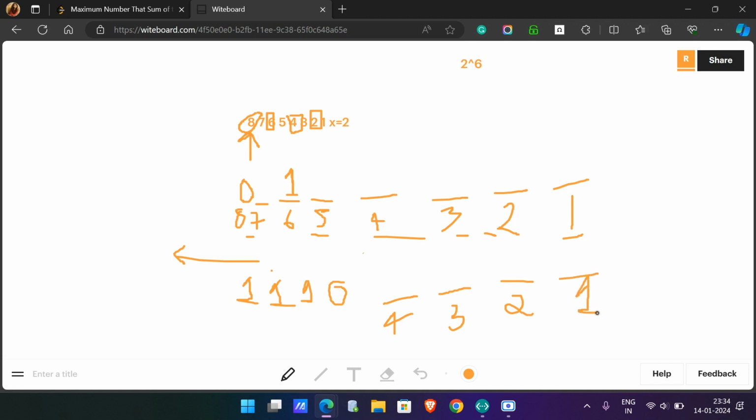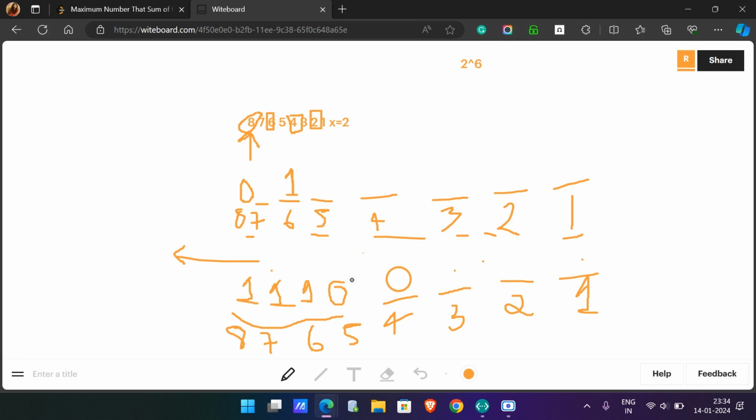And my goal is to calculate the number of ones that could be generated from my left side using these positions. So the valid positions for me are 8 and 6. So if I put 0 over here, then how much ones 8 and 6 will be generating. So I have 3 positions left.